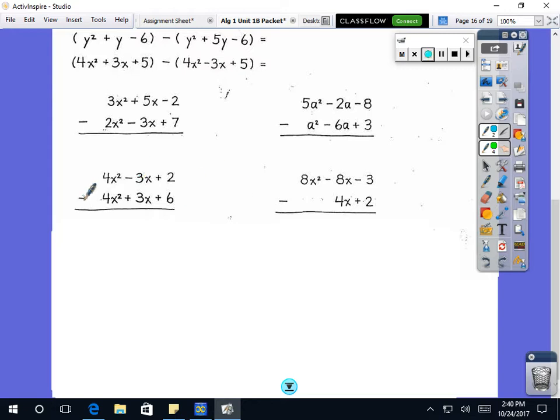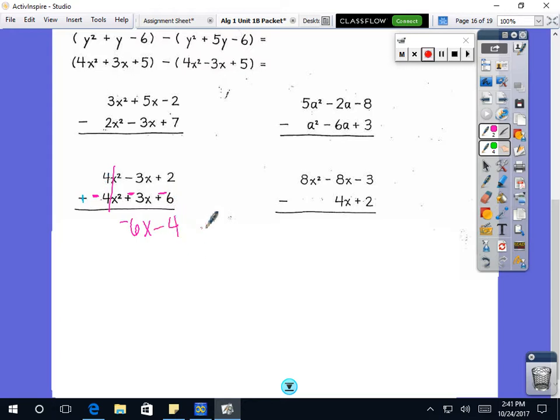This is subtraction, so we change it to addition. I'm going to try to write mine in a different color so they stand out. So that becomes negative, this becomes negative, and this becomes negative. So 4 plus negative 4, 0. Negative 3 plus negative 3, negative 6. And 2 plus negative 6, negative 4.